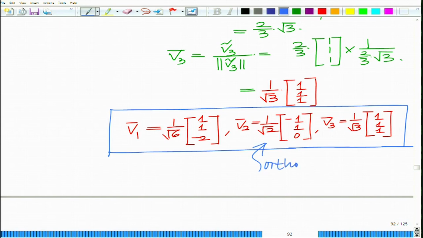This is your orthonormal set of vectors V, okay.